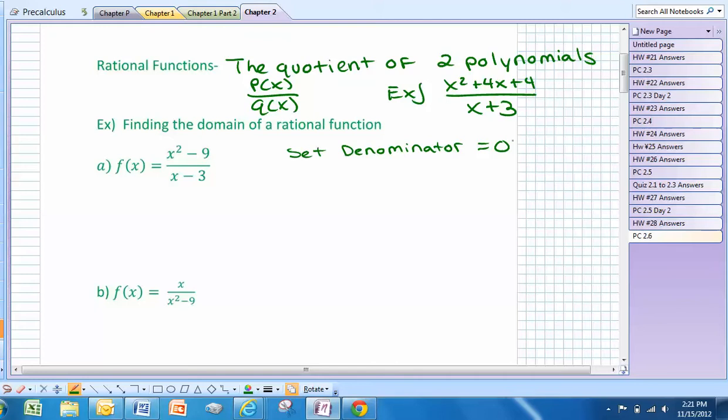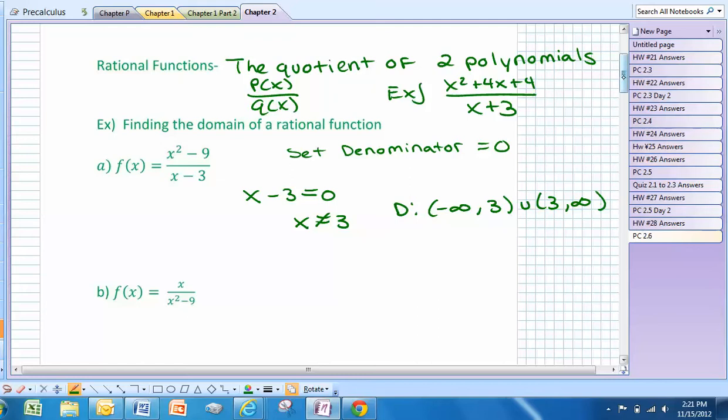So in this case, x minus 3 equals 0, so x cannot equal 3 for this function. So your domain would be all real numbers except for 3. So you'd say negative infinity to 3, union 3 to positive infinity.